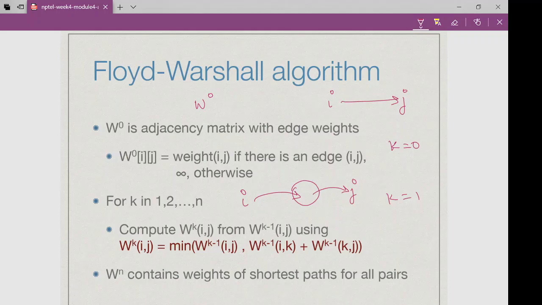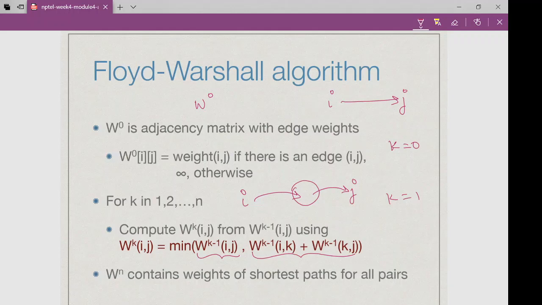Each and every time we just compute W k ij by using W k minus 1 ij, and how to compute it we have already seen. Either we take that kth vertex, in which case this is the weight we got, or if we are not taking the kth vertex, then this is the weight we are getting.